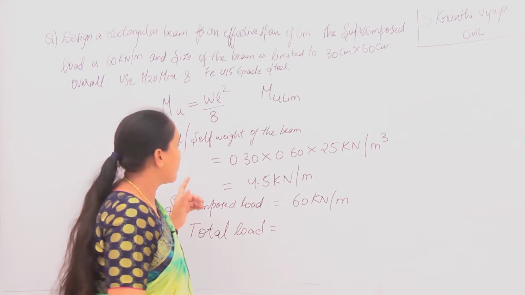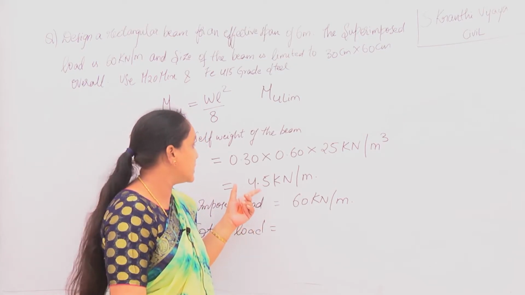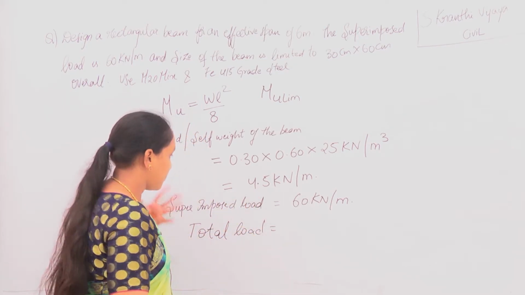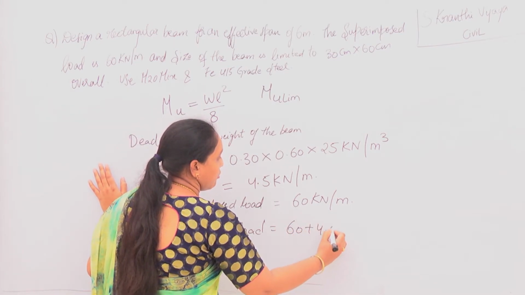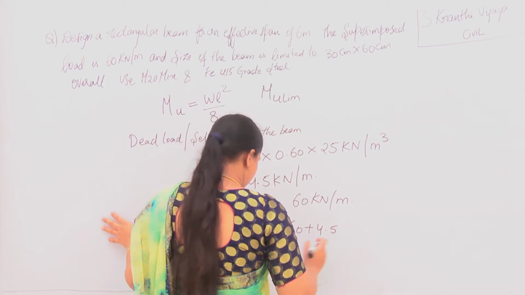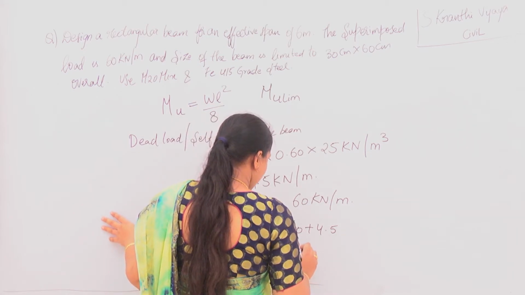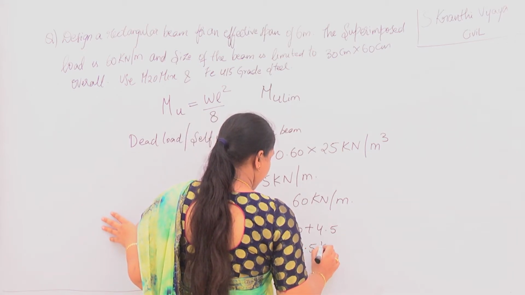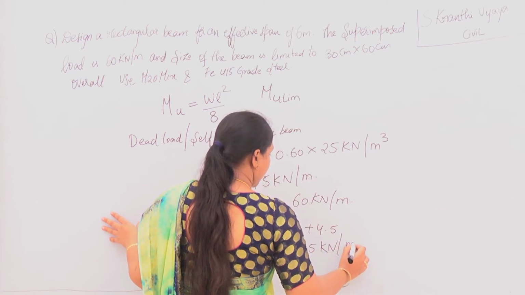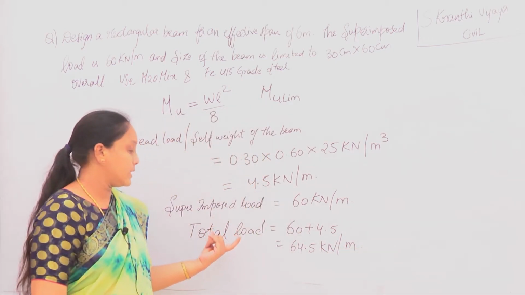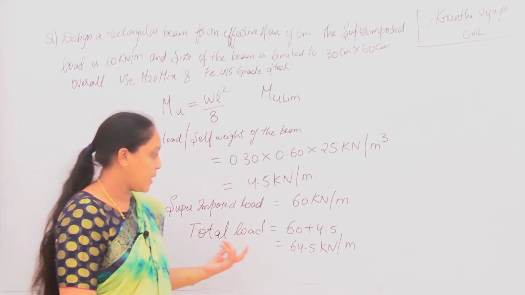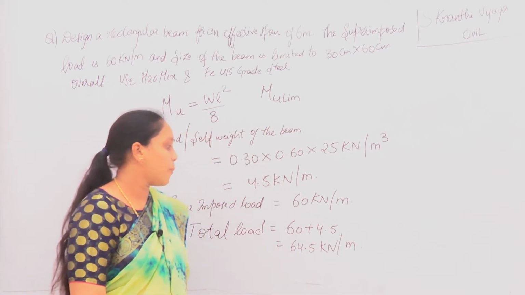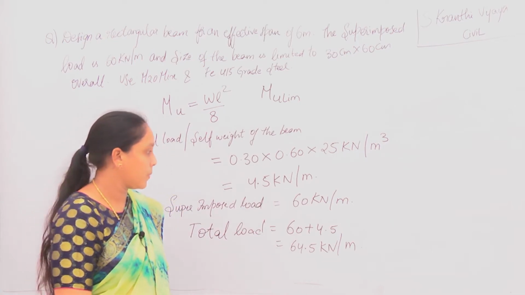The total load will be the imposed load plus the self weight of the beam. So 60 plus 4.5, which will give you 64.5 kilonewton per meter. So this is the total load which is acting on the beam.